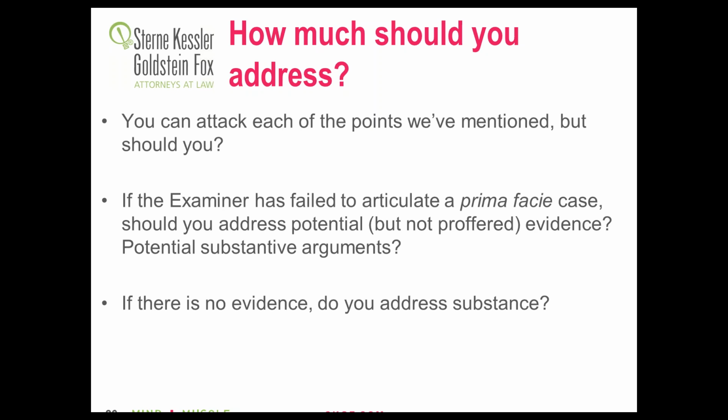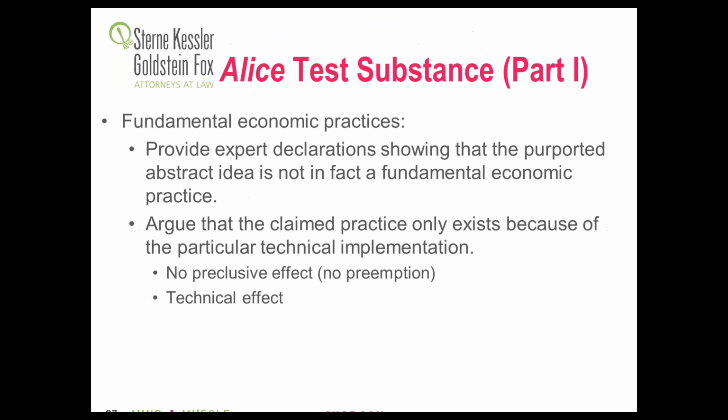So let's walk through each of the concepts and talk about how you might get into the substance and substantively address a 101 rejection. So in part one, there are several different quote-unquote abstract ideas that the guidelines refer to.